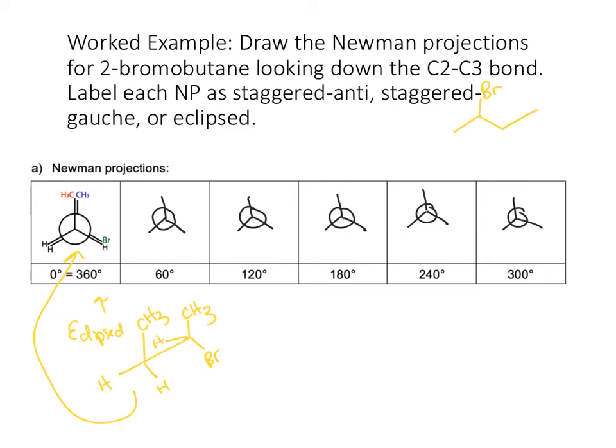Okay, so if I rotate this 60 degrees, then the methyl in blue will move over here 60 degrees. The methyl in red, it's on the front carbon, so it's just going to stay put in all of these.